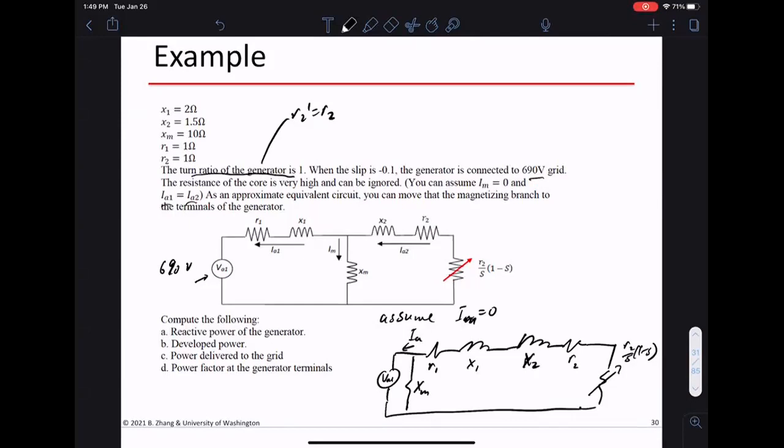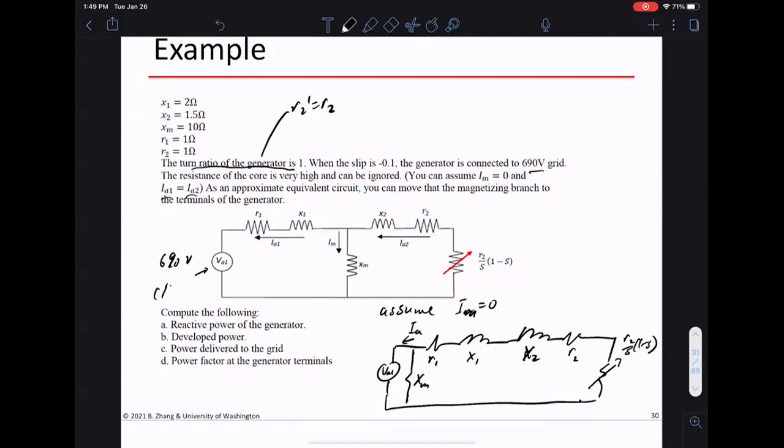Here the generators connect to a 690 volt three-phase grid. For the voltage, should we use 690 or something else? So this is line to line.